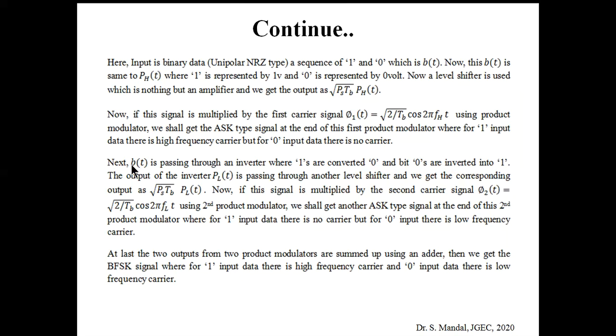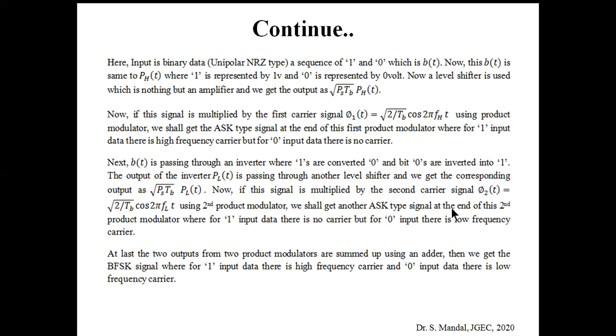So for this case, we need to use a second stage. That means next, the BT is passing through an inverter, where 1 is converted to 0 and 0 is converted to 1, and that will become PLT, and when it passes through the level shifter, it will become root over PS TB into PLT. And if we use the second product modulator, or the multiplier, where the corresponding carrier is root over 2 by TB into cos 2π FLT, we shall get another ASK signal.